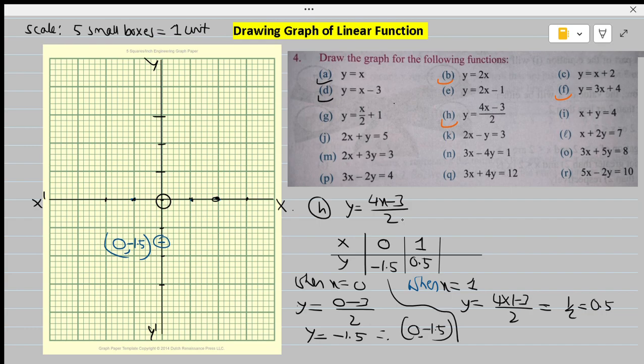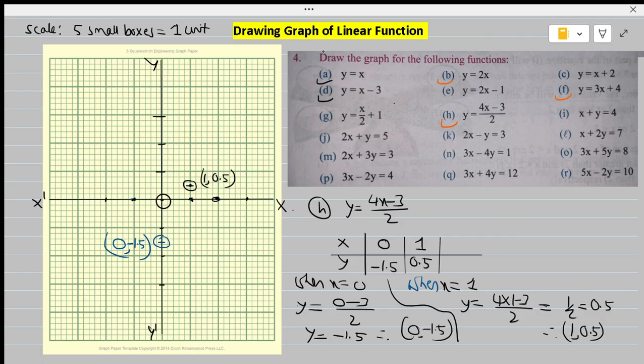So the point becomes 1 comma 0.5. So we count 1 for x, and for 0.5 we raise up half a step. So this point is here, 1 comma 0.5.